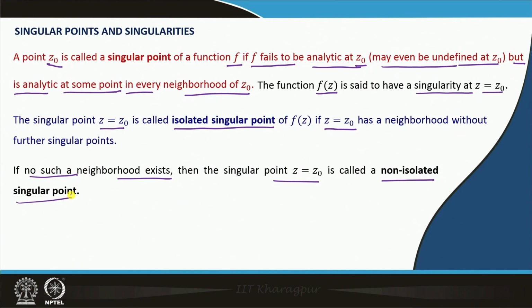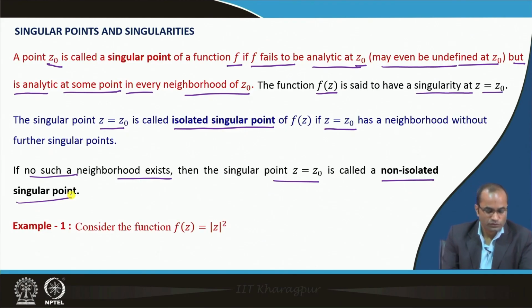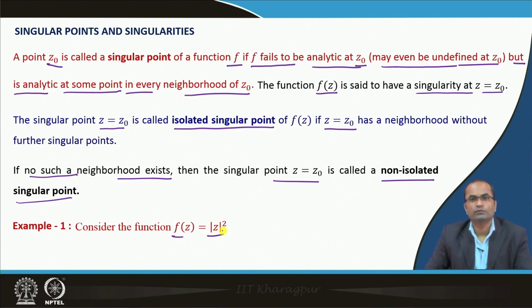So, this is what we have discussed: what a singular point is, and what isolated and non-isolated singular points are. Consider, for example, the function f(z) equal to mod z squared, the absolute value of z squared. We have already discussed that this function is nowhere analytic.